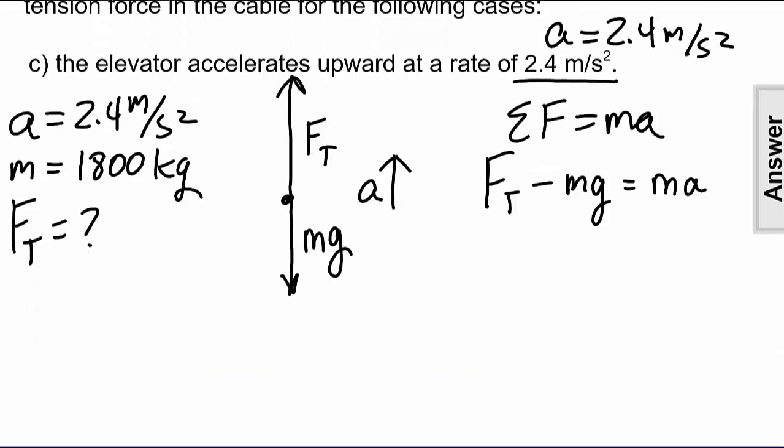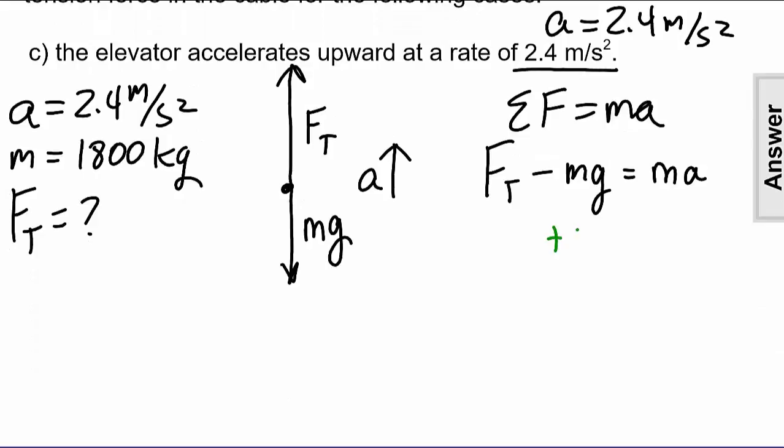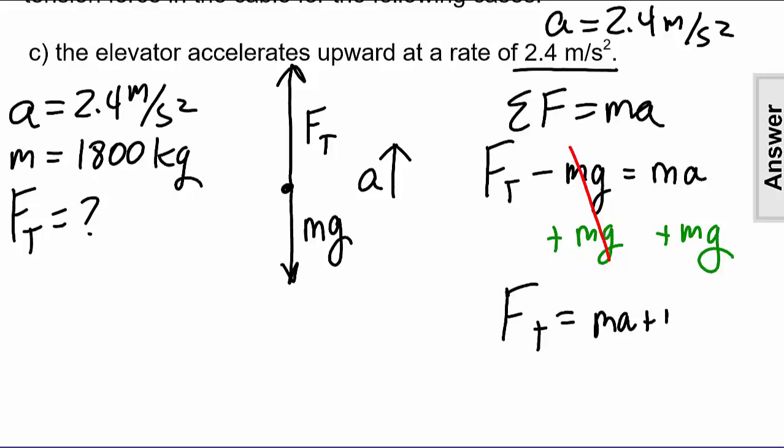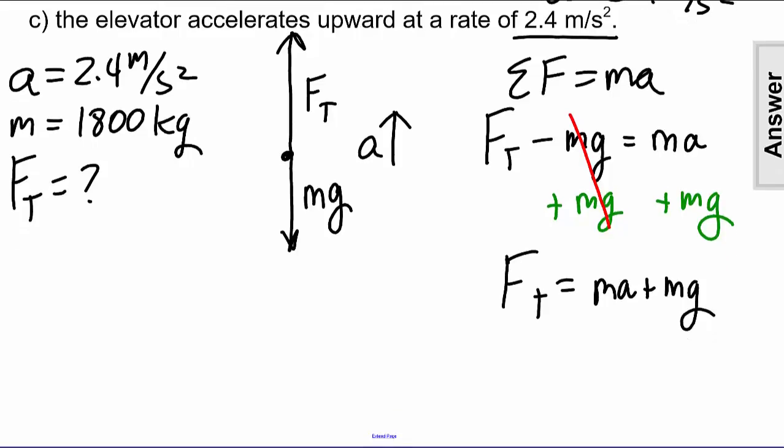Let's solve for F sub T by adding mg to both sides. Okay, these cross out. We're left with F sub T is equal to ma plus mg. Now we can substitute values into this.